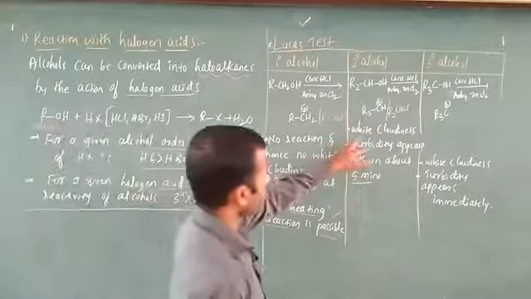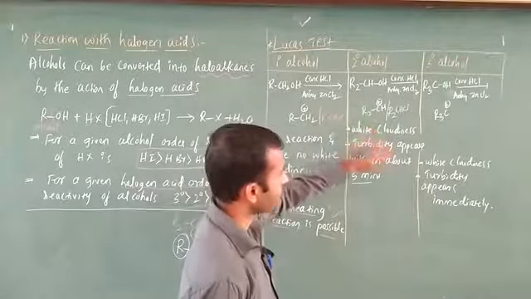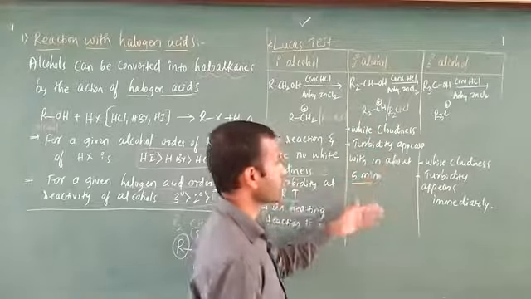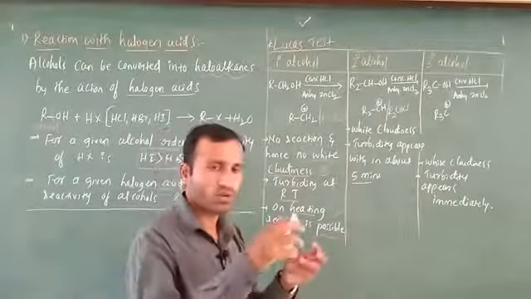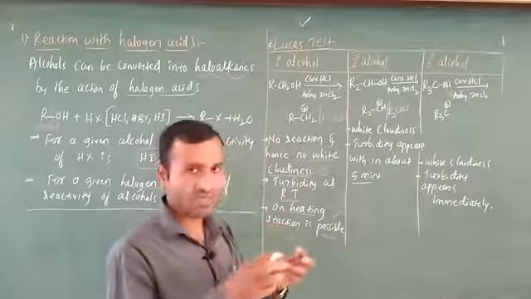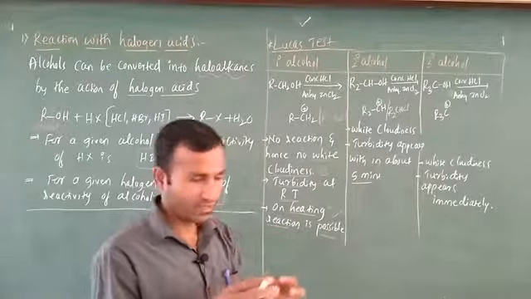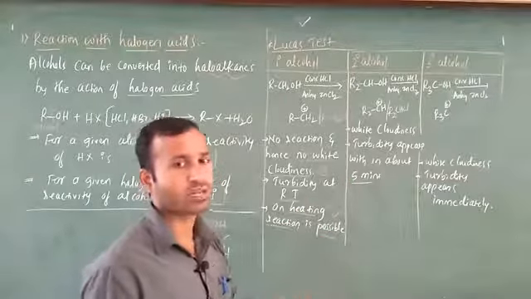In this case white cloudiness is possible. The reaction is possible, then only white cloudiness is possible. Turbidity appears within about 5 minutes. You take the alcohol, after that you add concentrated HCl and anhydrous ZnCl2. Anhydrous ZnCl2 acts as a dehydrating agent. After 5 minutes you get turbidity, a precipitate.